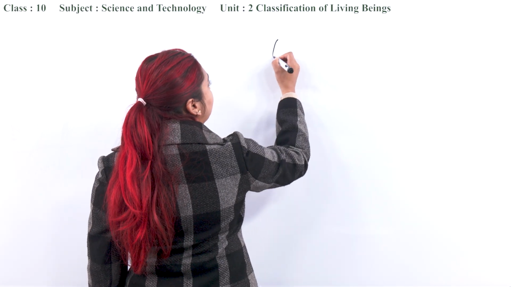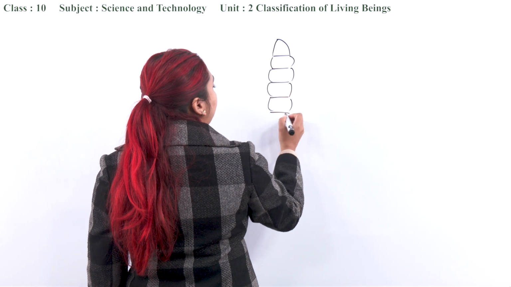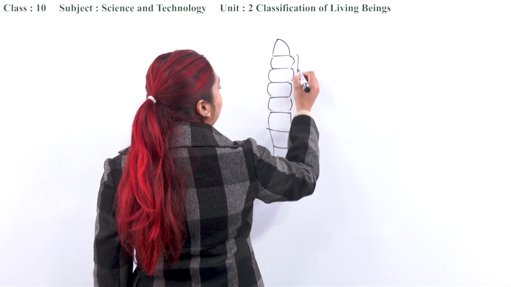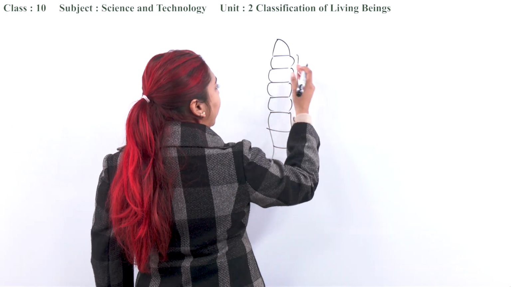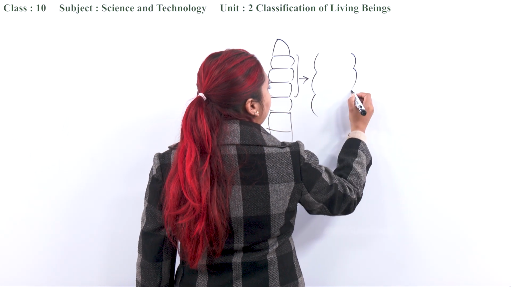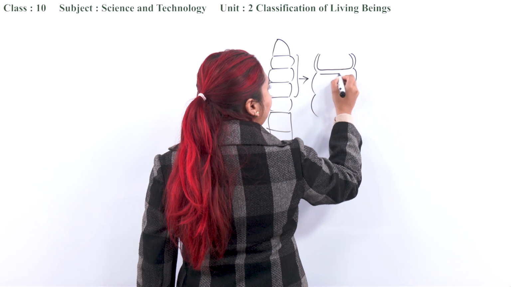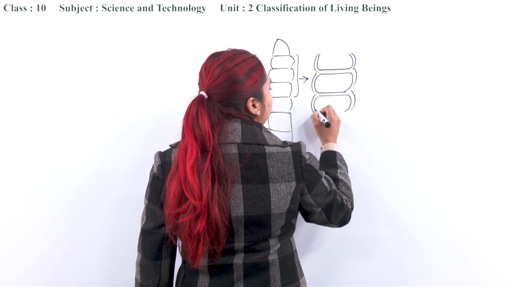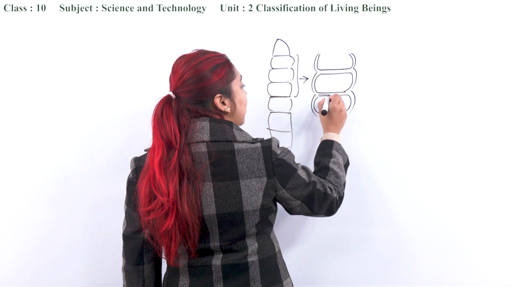Now, suppose this is the organism, the earthworm. If we cut it like this and open it and look inside, you'll see this kind of structure, that is every ring-like segment also has internal segmentation.